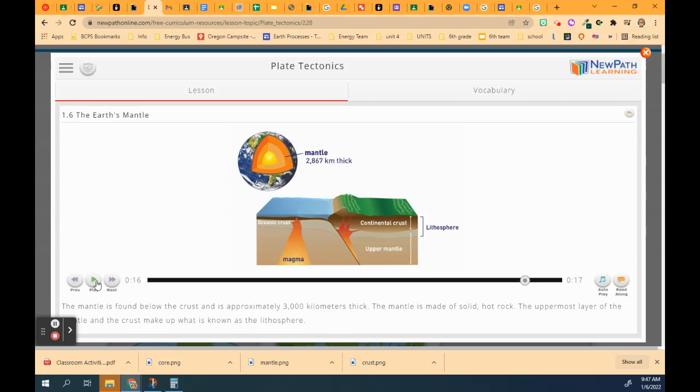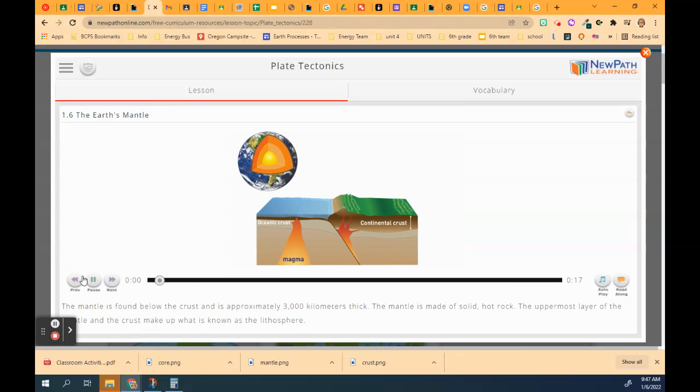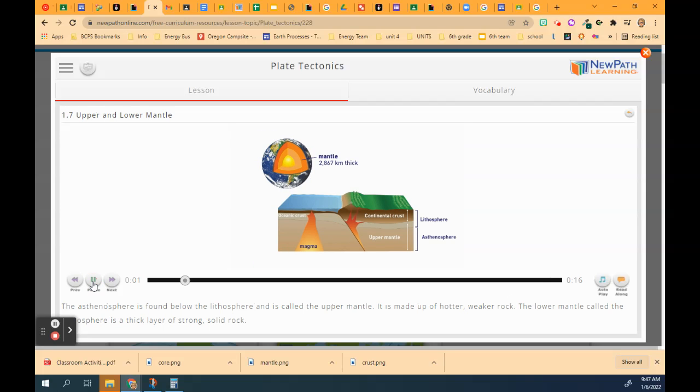And then below that, let's truck through here, the asthenosphere. I'm trying to zoom through this fast here. The asthenosphere is actually the lower half of the mantle. So in my notes, you can even draw this if you want to. You're going to label the lithosphere and the asthenosphere. Like I said, this is already on the website as well.